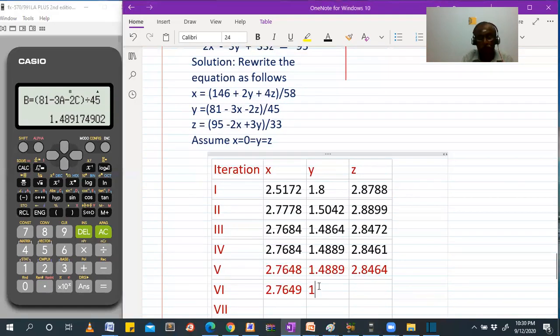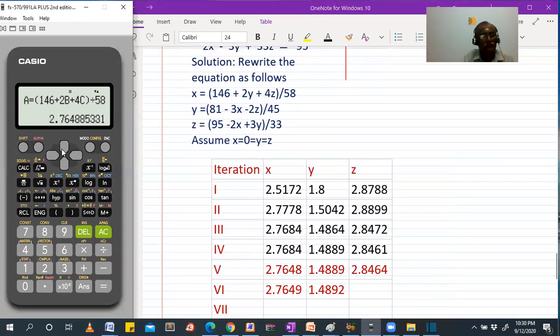It is 1.4892. Here c: calc a equal to 2.7648, b is 1.4889.